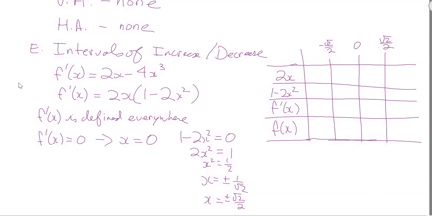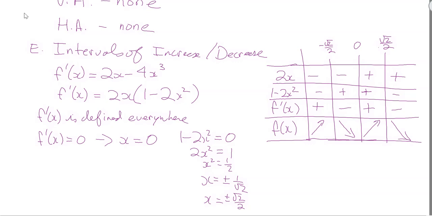Okay, fill in the chart. Okay, so we filled in our values here, so that makes f prime of x positive, increasing, negative, decreasing, positive, increasing, negative, decreasing.